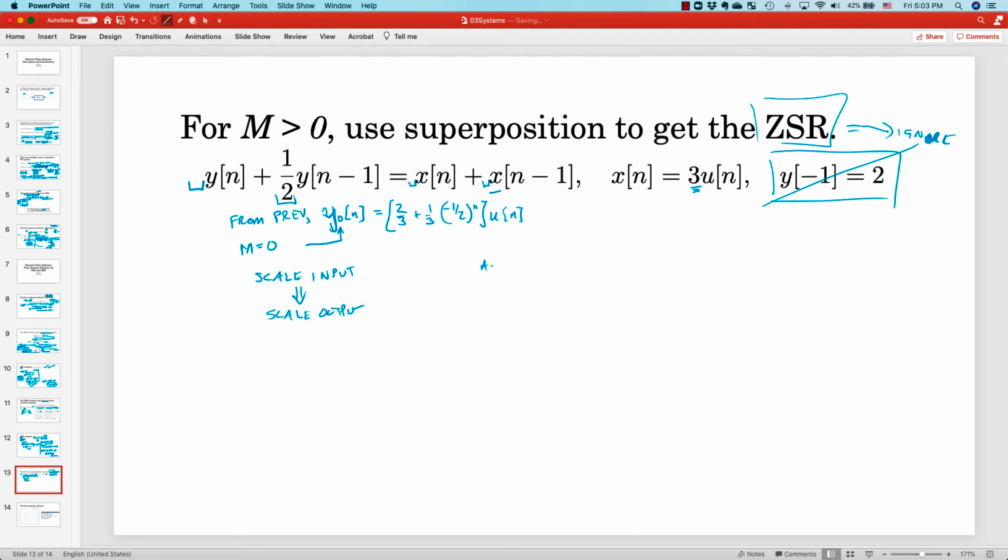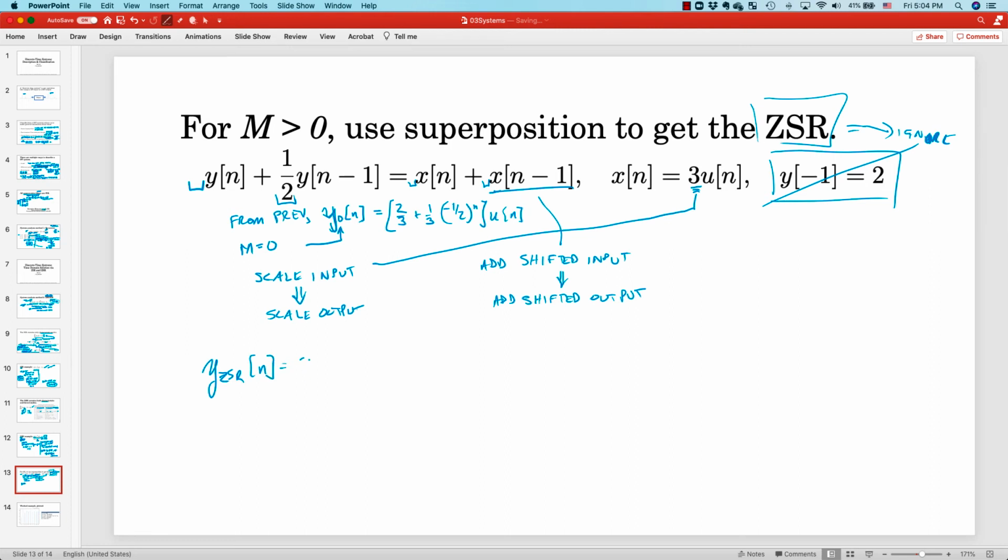Additionally, if I add a shifted input, LTI-ness allows me to add the corresponding shifted output. Okay, so we have a scaled input there, and we have a shifted input there. So that means that the ZSR of this system is going to be triple the ZSR from the previous slide plus triple the ZSR from the previous slide delayed by 1.